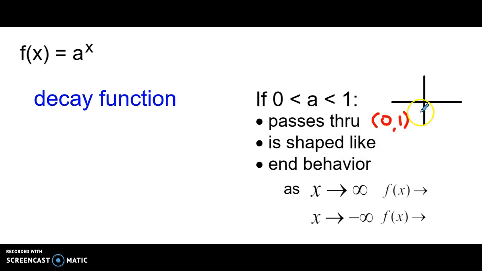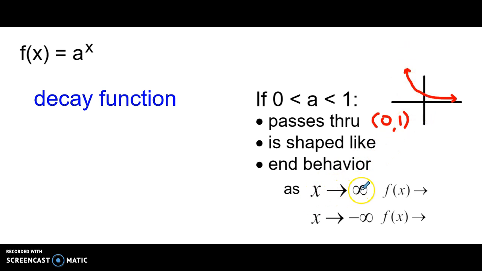It's shaped like, all right, let's see what happens there. Okay, so here's the shape. I've drawn it. Here's that point 0, 1 that we talked about. But as x values get bigger, my y value approaches 0. It gets smaller and smaller. Okay, and when x values are negative, that causes me to flip the fraction, which causes y values to get bigger. So that's what it's shaped like.